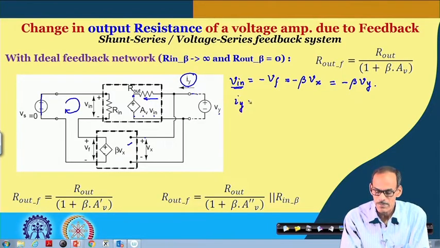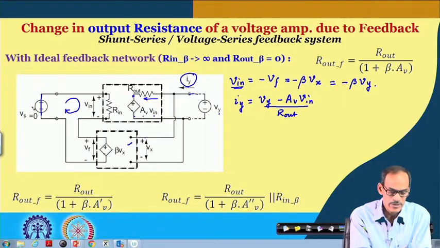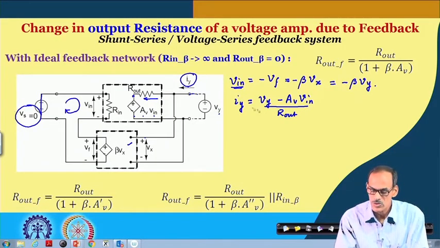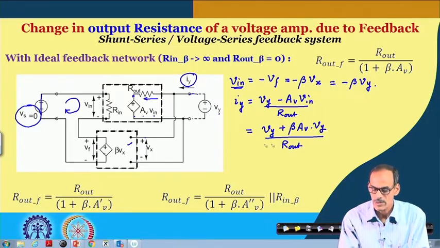We can say that I_y equals V_y minus A_V into V_in, divided by R_out. Since the signal source is 0, V_in is minus beta into V_y. So, I_y equals V_y plus beta into A_V into V_y, divided by R_out. That is the relationship between I_y and V_y.